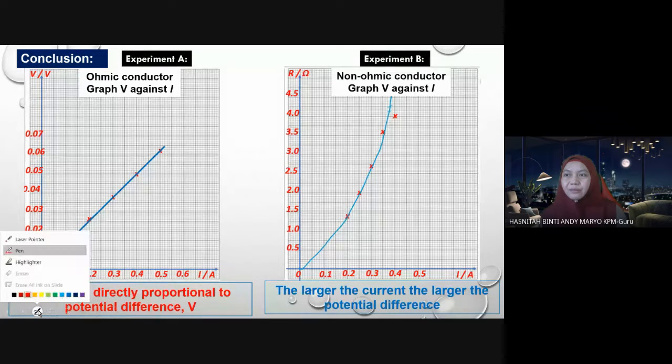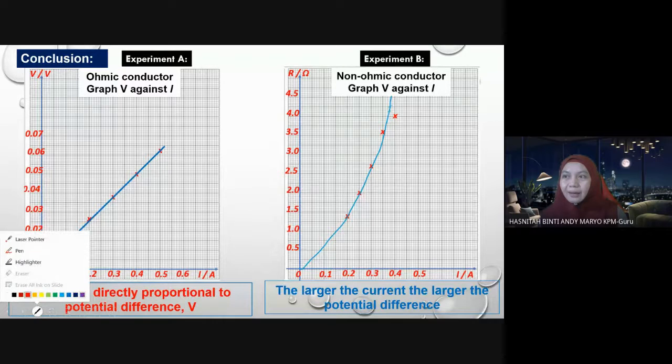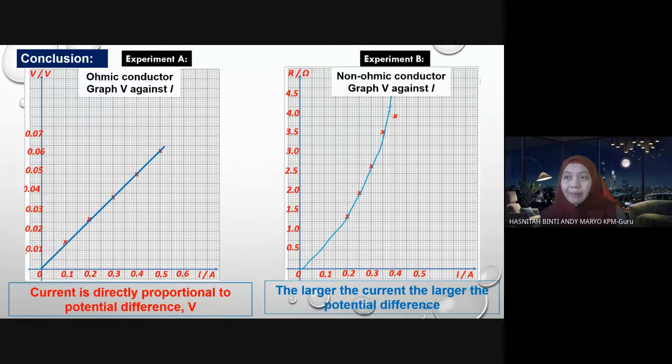For this one, I prefer you write potential difference first: potential difference is directly proportional to the current. Nothing wrong if you write it the other way, but I prefer potential difference directly proportional to current. It shows that when the current is higher, potential difference is also higher.